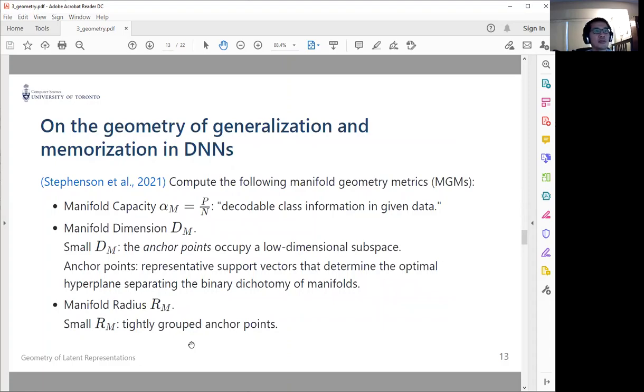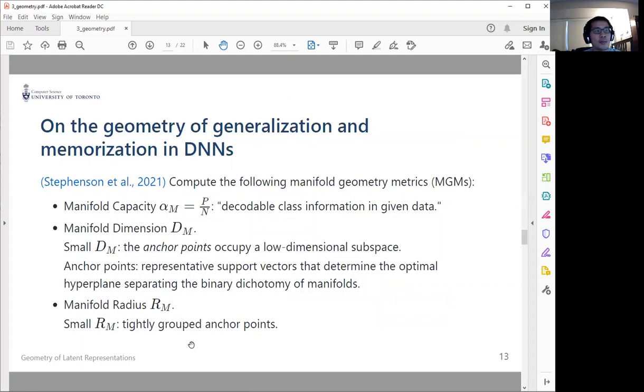So Stephenson et al. compute the manifold geometry metrics. They also consider the manifold capacity as the decodable class information in the given data.